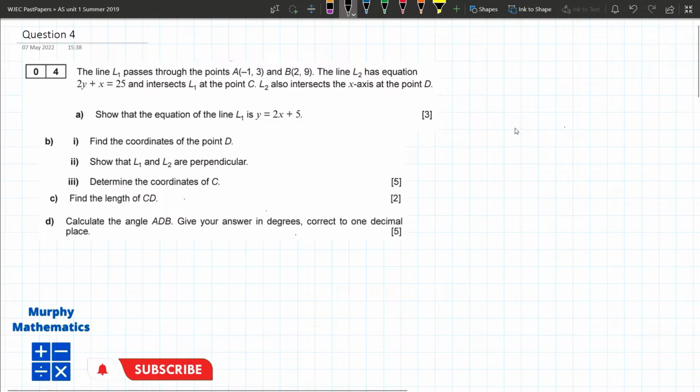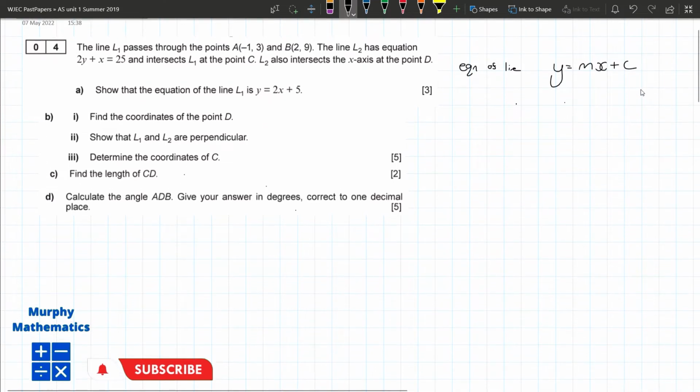So the first thing we need to do here is we need to know the equation of a straight line, and that is y = mx + c. Okay, so we need that. For our first part, we're using points A and B, so we're going to use (-1, 3) and (2, 9).